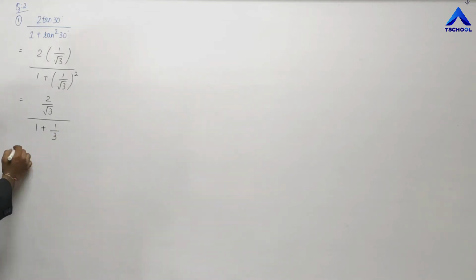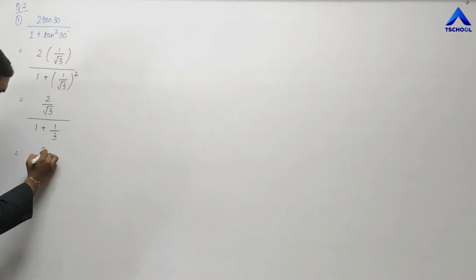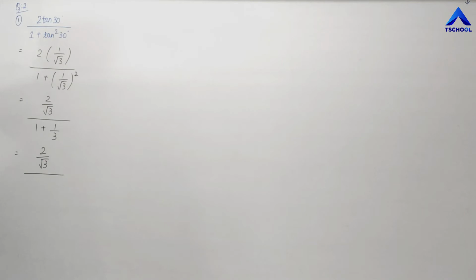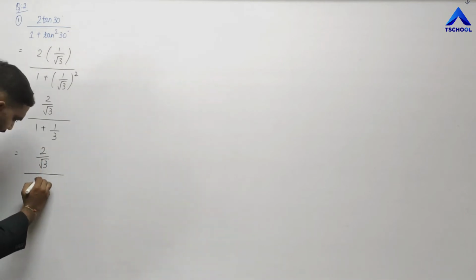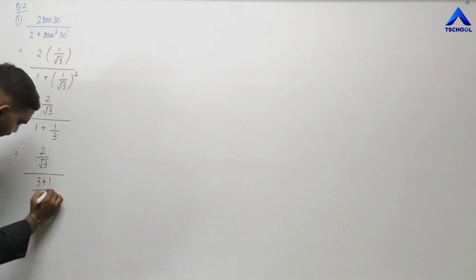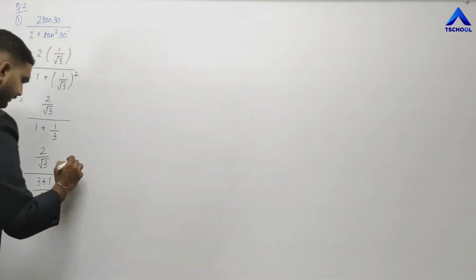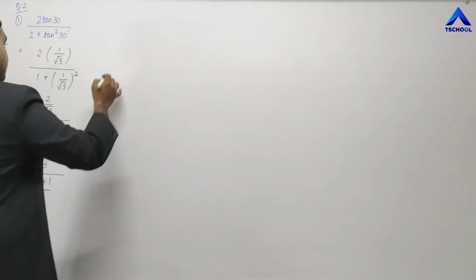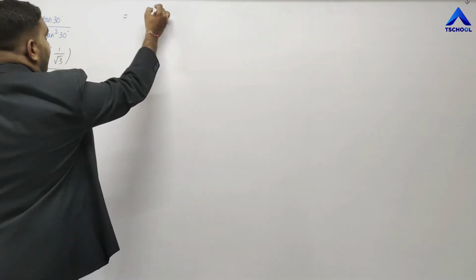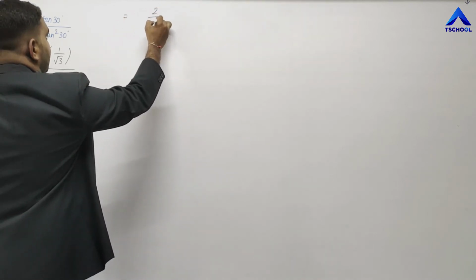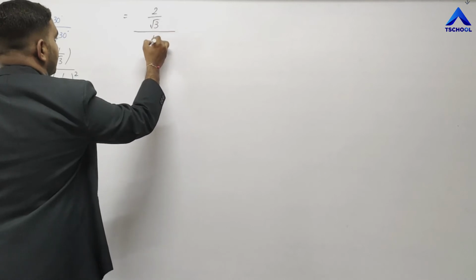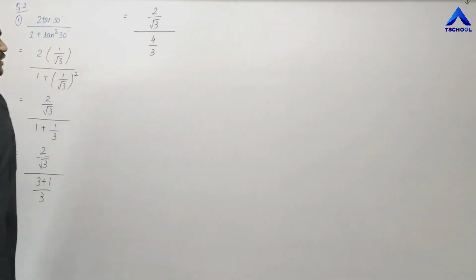That gives me again 2 by root 3 whole divided by (3 into 1, 3 plus 1) whole divided by 3, which is equal to 2 by root 3 whole divided by 4 upon 3.